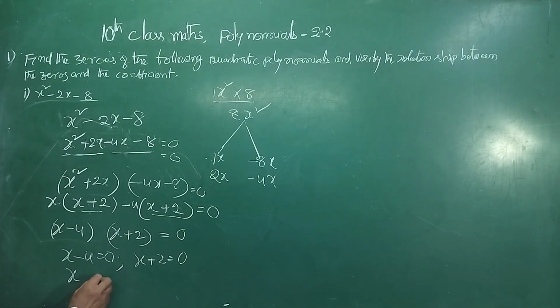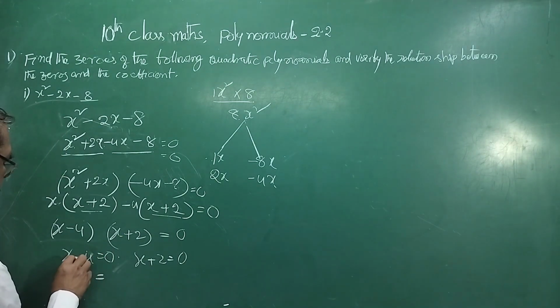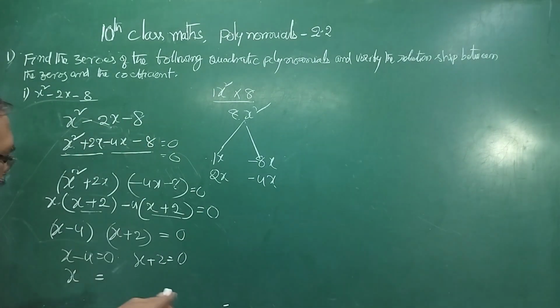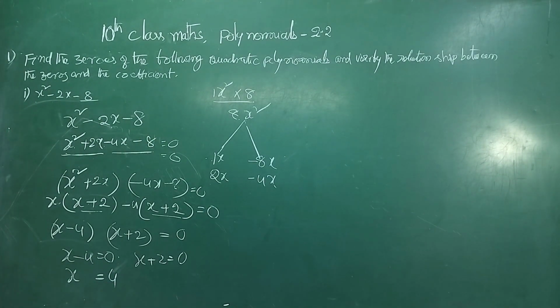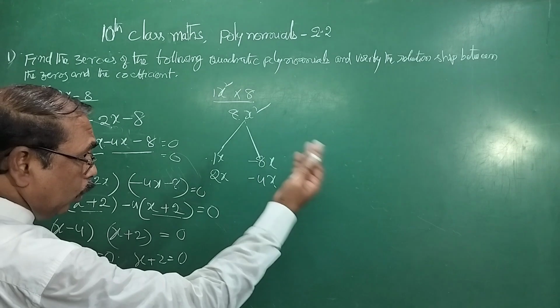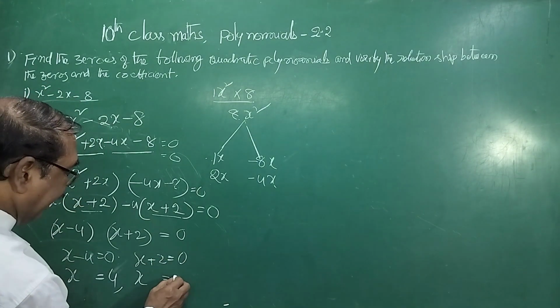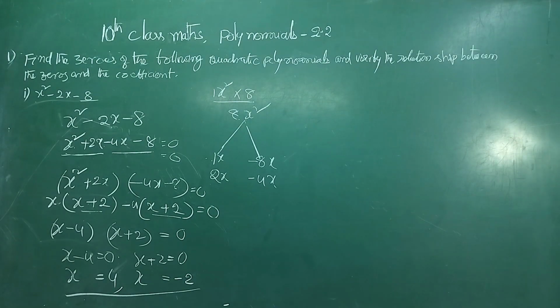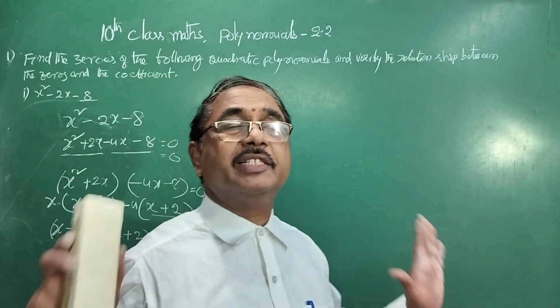Now we have to find the x value. When minus 4 goes to the other side, it becomes plus 4. X is equal to 4. Here, when plus 2 goes to the other side of the equal sign, it becomes minus 2. Yes, these two are the zeros of the polynomial.